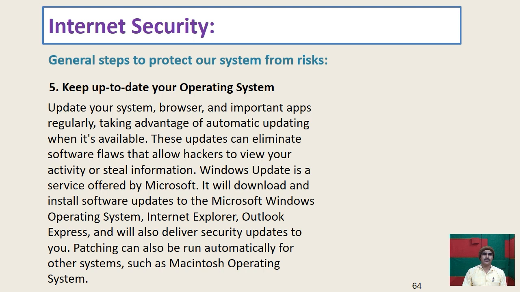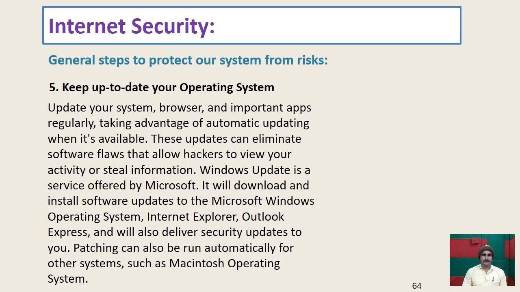Windows Update is a service offered by Microsoft. It will download and install software updates to the Microsoft Windows operating system, Internet Explorer, and Outlook Express, and will also deliver security updates to you. Patching can also be run automatically for other systems.